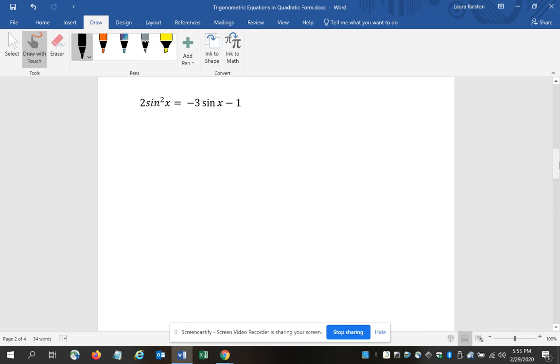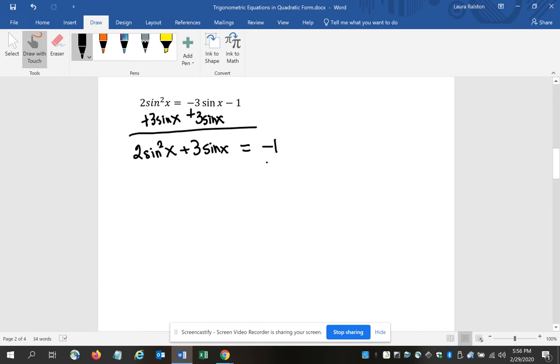I have 2 sine squared x equals -3 sine x minus 1. Now, the first thing I notice about this problem is that it is not set equal to 0. So I'm going to do that first. I'm going to add 3 sine x to either side, which gives me 2 sine squared x plus 3 sine x, and that equals -1.